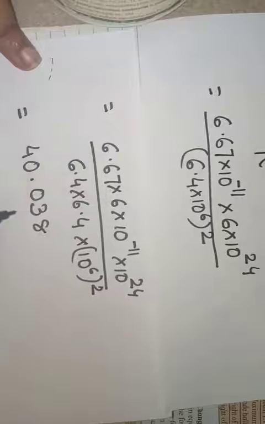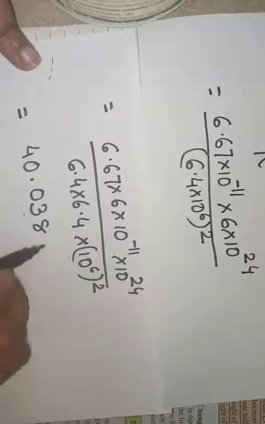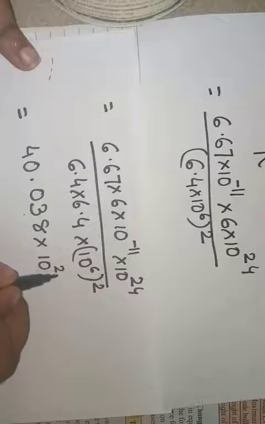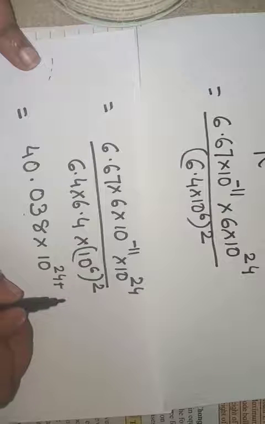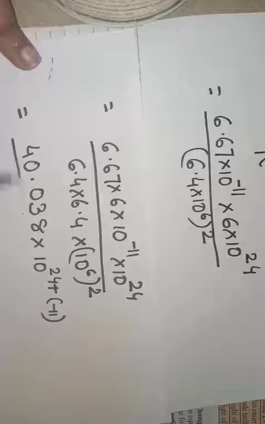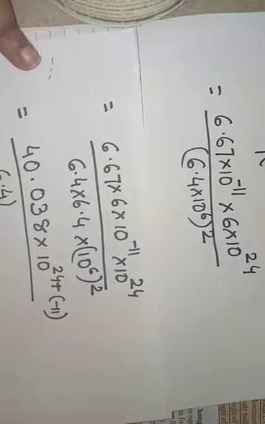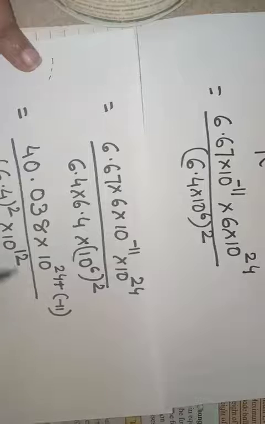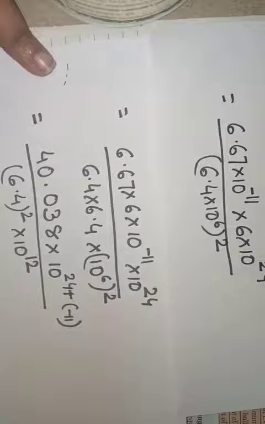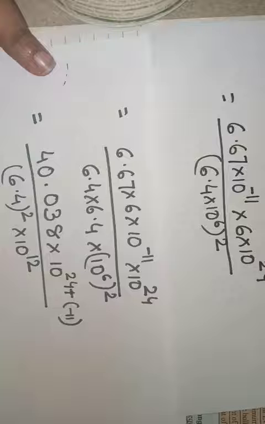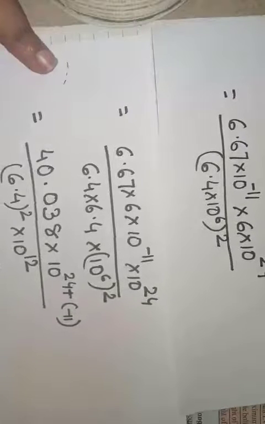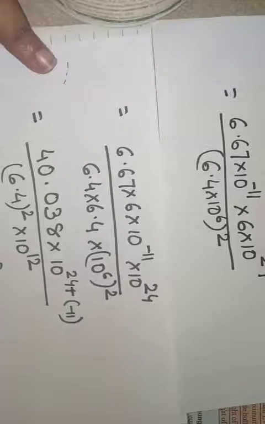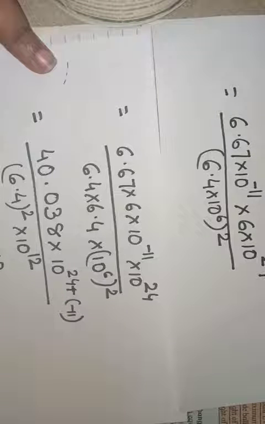Multiplying 6.67 into 6, I get 40.038 into 10 raised to 24 plus minus 11, that is 10 raised to 13, upon 6.4 square into 10 raised to 12, and 6.4 square is 40.96.